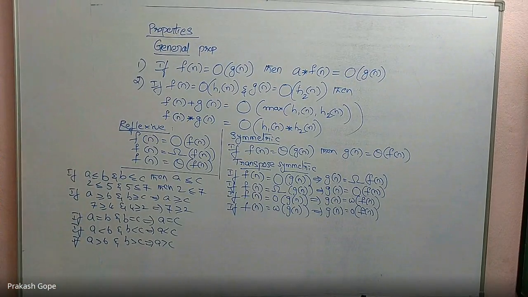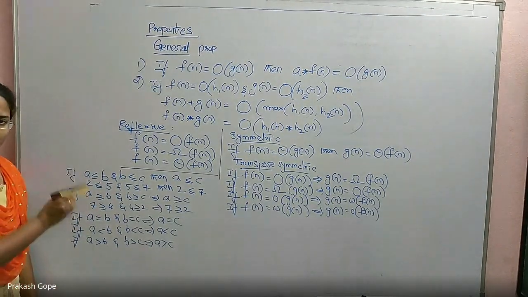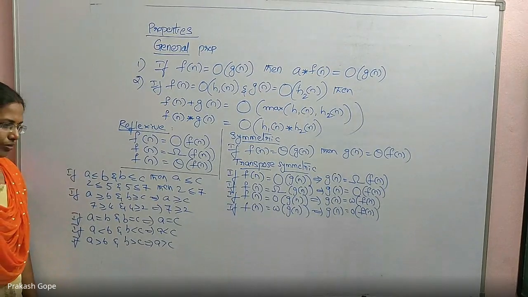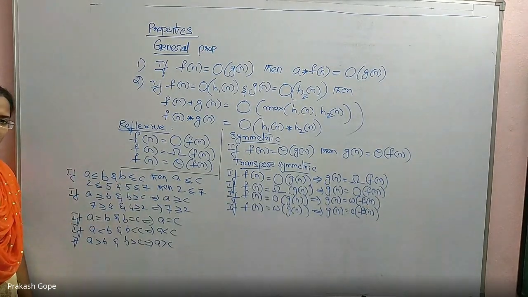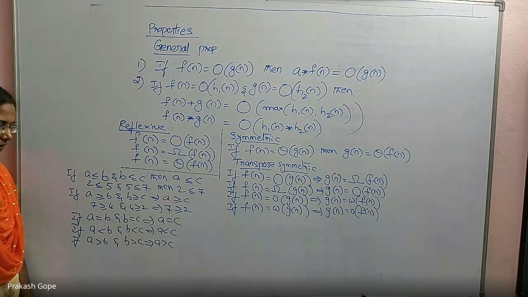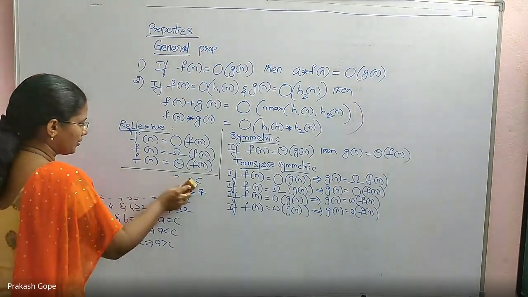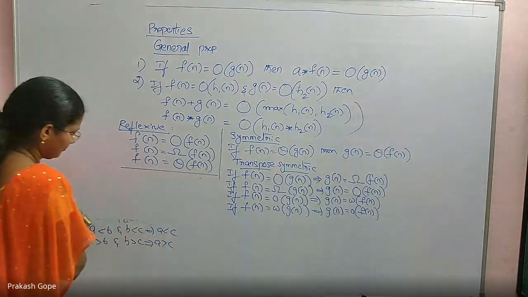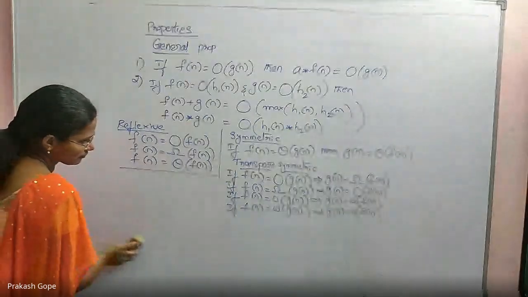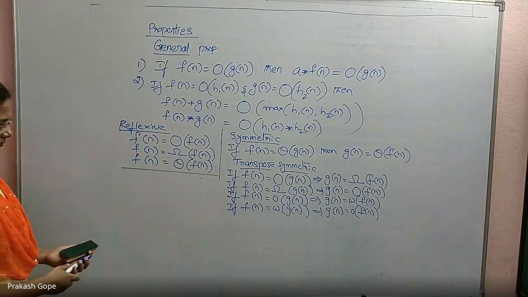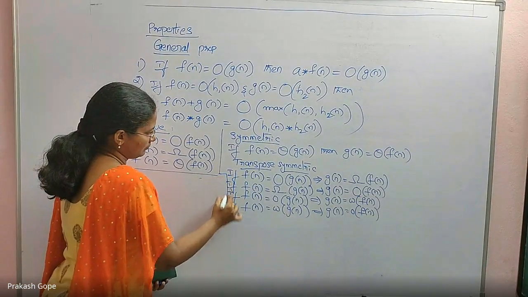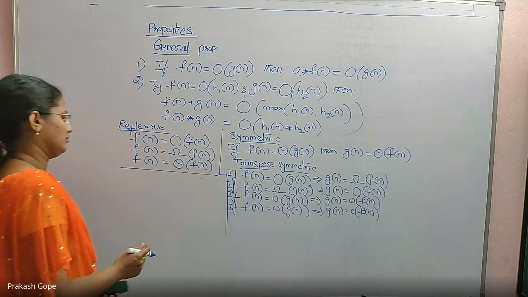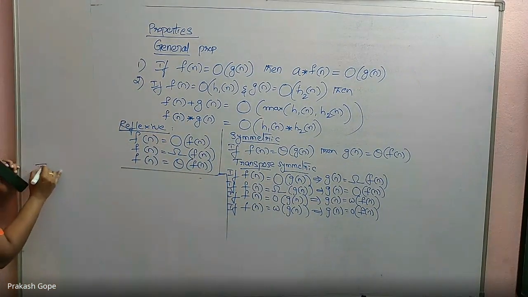So, transitivity is true for all the notations that we discussed. We need to write the transitive property for big O, big omega, theta, little o, little omega. Okay, let me write the properties now. We'll write from here, transitive.